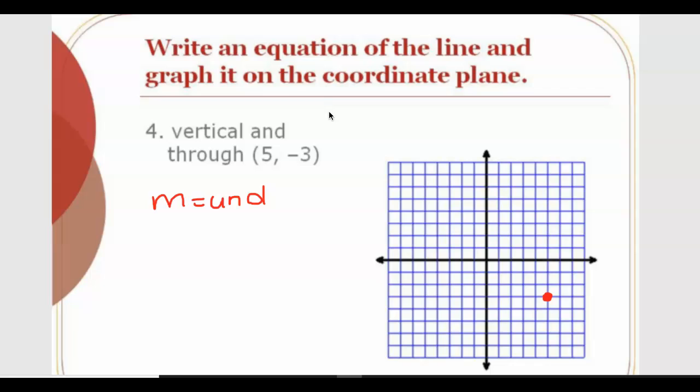And my equation is always x equals, and it's x equals the x coordinate I'm given. So in this case, the equation of the line is x equals 5. And what that means is that any point on this line is true as long as the x value is 5.